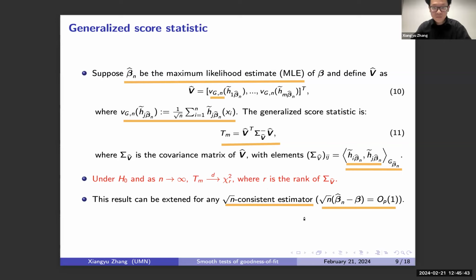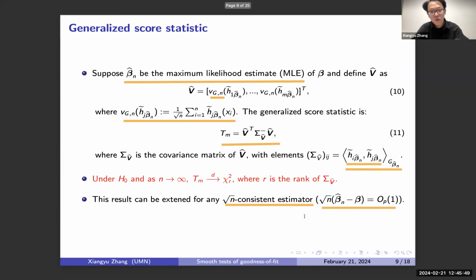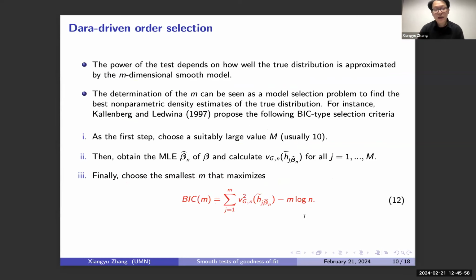Okay, so we want to solve the problem of testing a postulated family of distributions, and here we ask what if we do not have an idea of what this M could be. Remember that the power of our test actually depends on how well the true distribution is approximated by this M-dimensional smooth model. Because even though it uses M dimensions, it takes a smooth form.